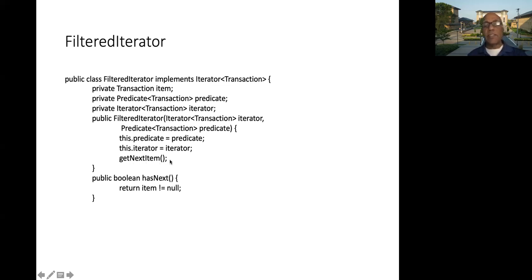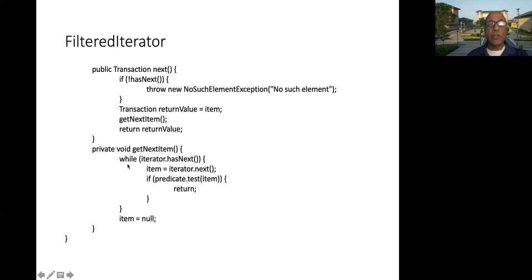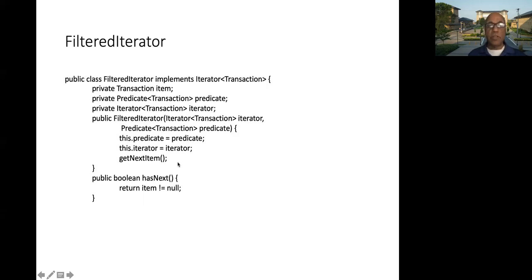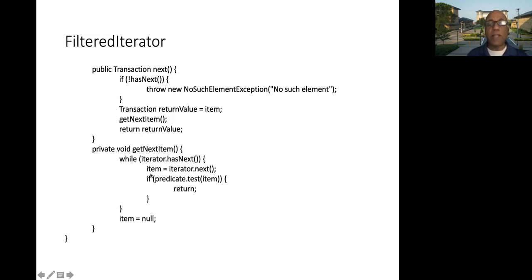So the filtered iterator remembers the predicate and the iterator. And you can see that there is a call to a method called getNextItem. What this method does is it iterates over transactions, which is given here, and looks at every transaction until it lands on a transaction that satisfies this predicate. And you can see that here. While iterator.hasNext, this iterator is supplied by the member object in this case, but it doesn't matter who supplies it.